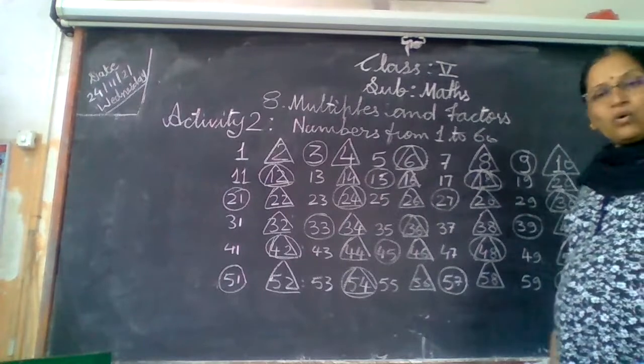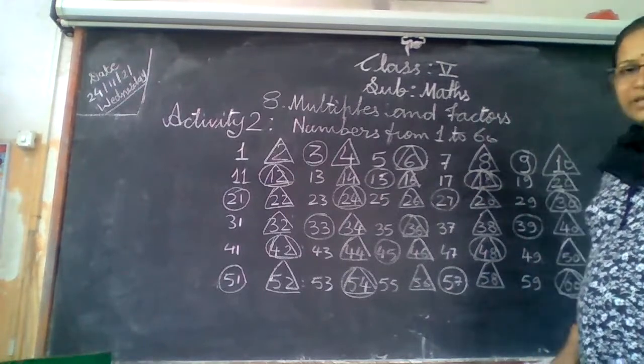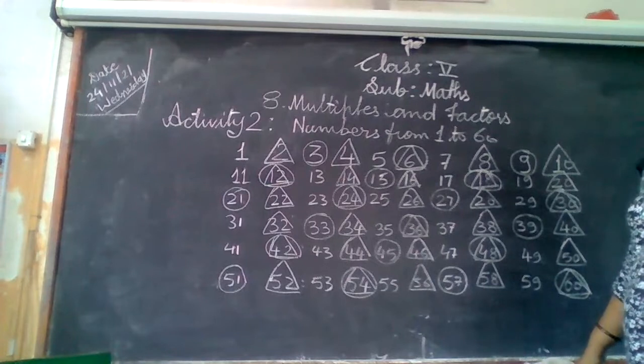Some have only the circle around them, so they are the multiples of 3.